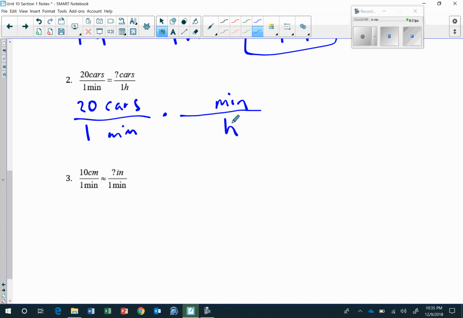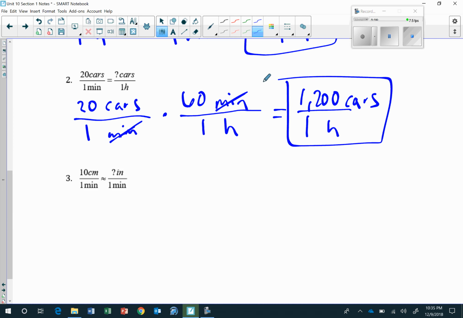So that means hours will go in the denominator. There is 60 minutes in 1 hour. So minutes is going to cancel because one's in the denominator, one's in the numerator. So I have cars on top and hours on the bottom, which is what I want. 20 times 60 is going to be 1,200 cars per 1 hour.